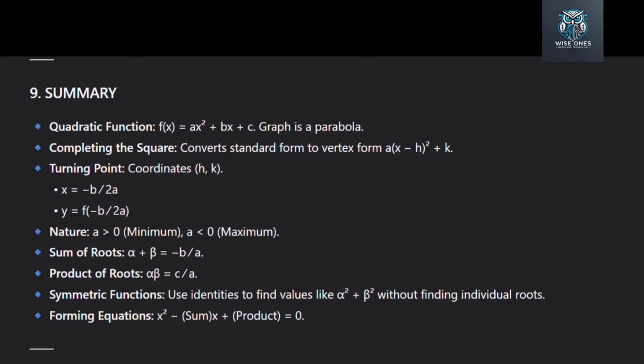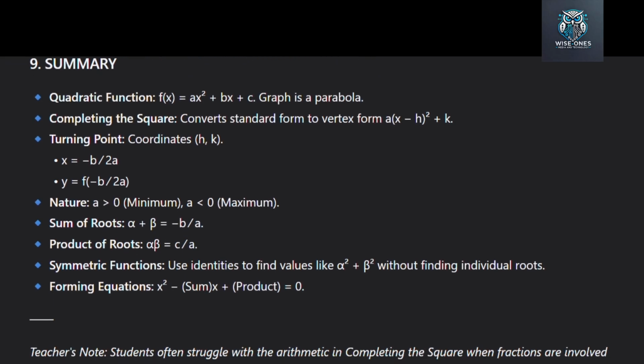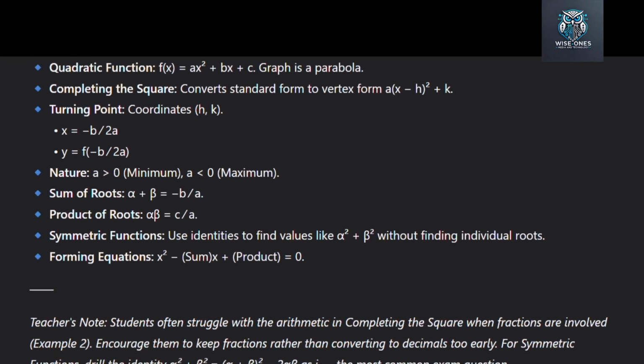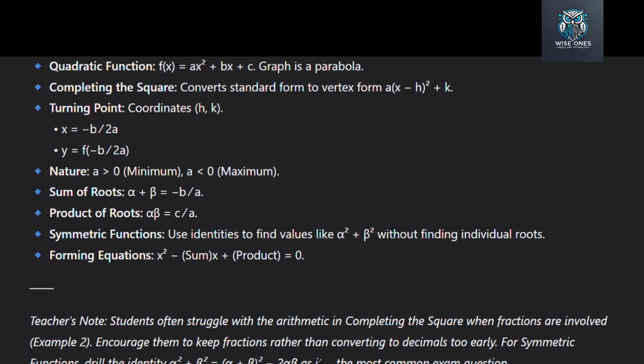Section 9. A quadratic function is f of x equals ax squared plus bx plus c. The graph is a parabola. Completing the square converts standard form to vertex form a times open bracket x minus h close bracket squared plus k.